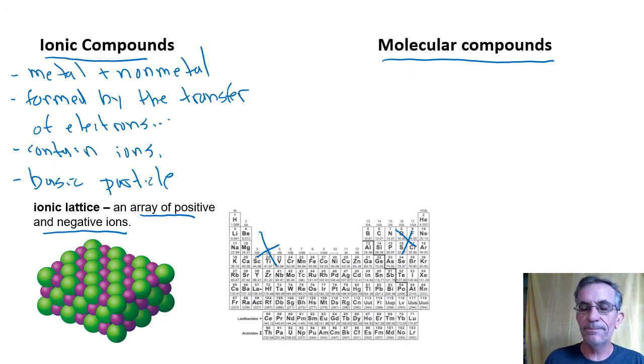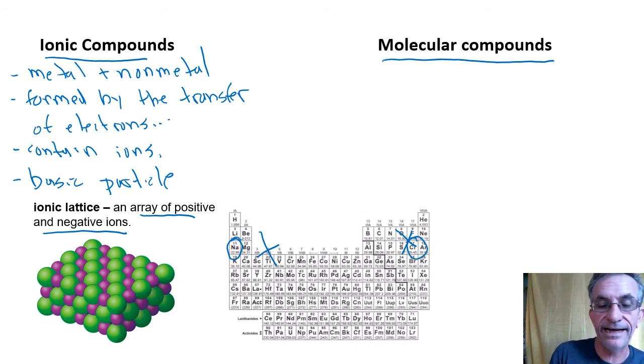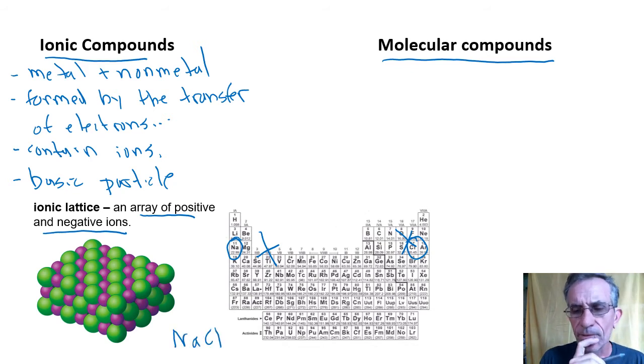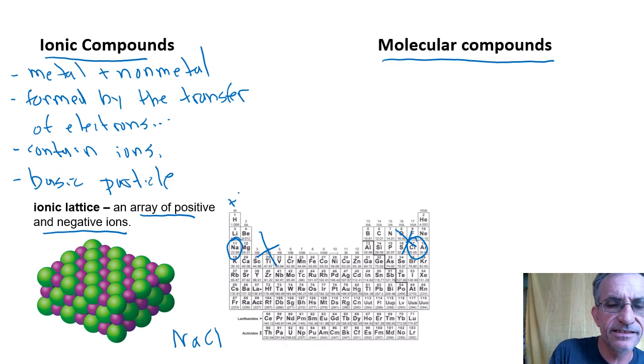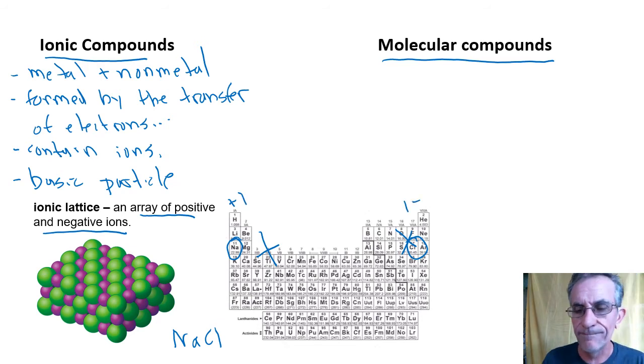One example of an ionic compound would be sodium chloride, like table salt. And if we have sodium chloride, let's remember our charges. Sodium is +1 and chloride is -1. So you would have a grid, a pattern of alternating positive and negative charges.